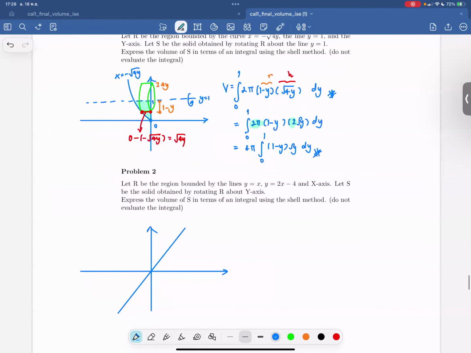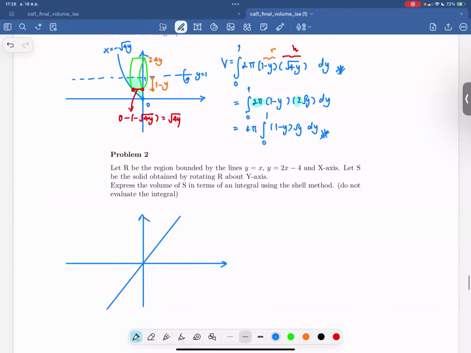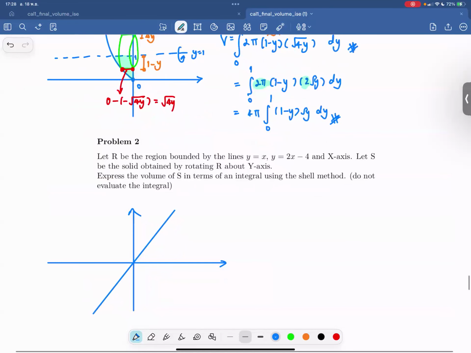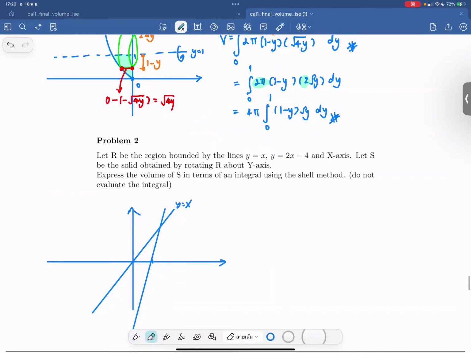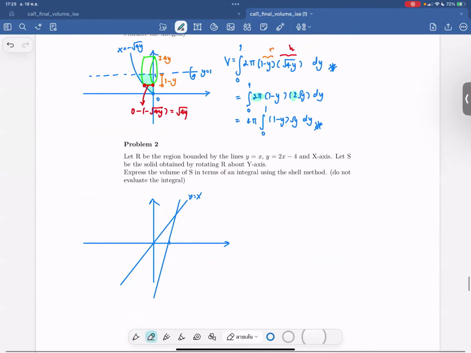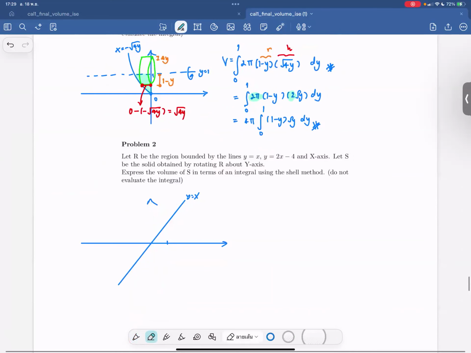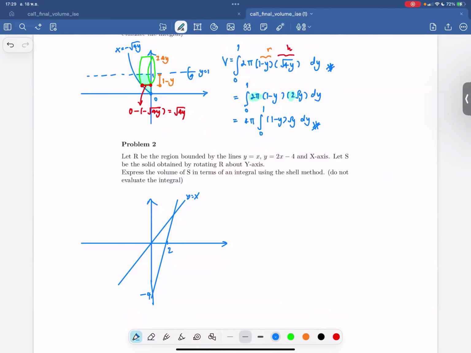So y equal to x over here, and then 2 minus 4, and then the x-axis. And then rotate about the y-axis.